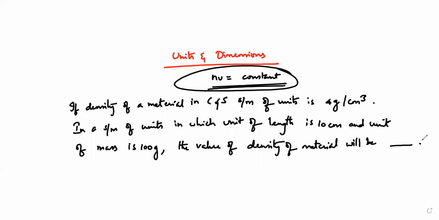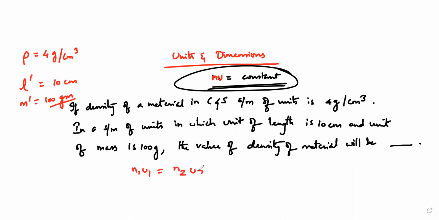See, very clearly I have mentioned that the density is 4 grams per centimeter cube, L dash is 10 centimeters, M dash is 100 grams. As I told, using nu is equal to constant, I have n1 u1 equals n2 u2. So let us say this is CGS system and this is the new system.